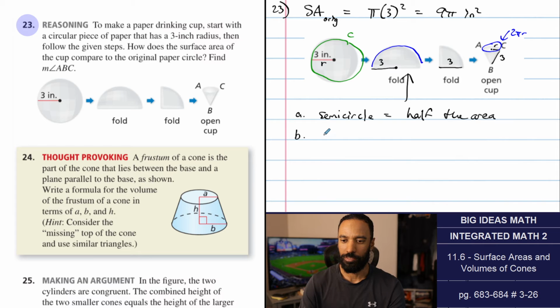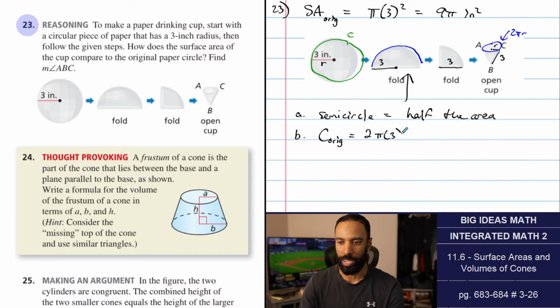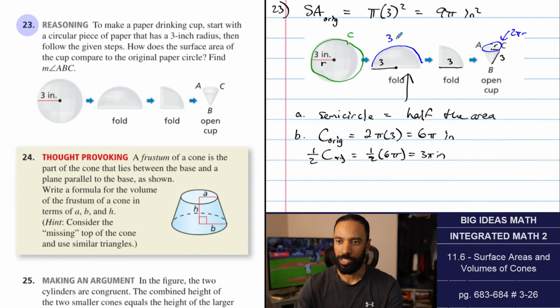So the circumference of the original is 2 pi times 3, which is 6 pi inches. And so half of the original is half of 6 pi, which is 3 pi. And that is this. So that means that is this.